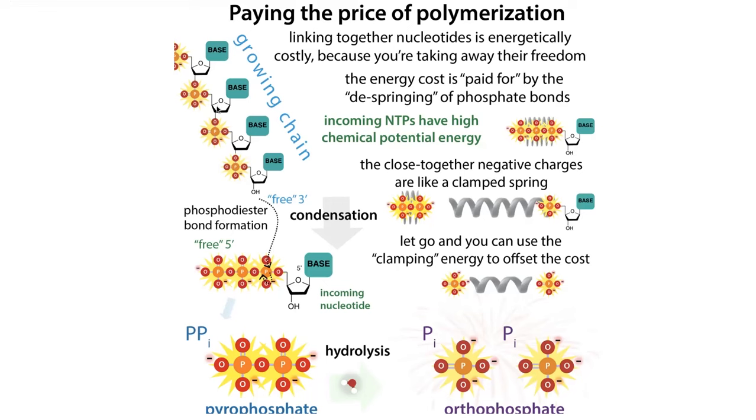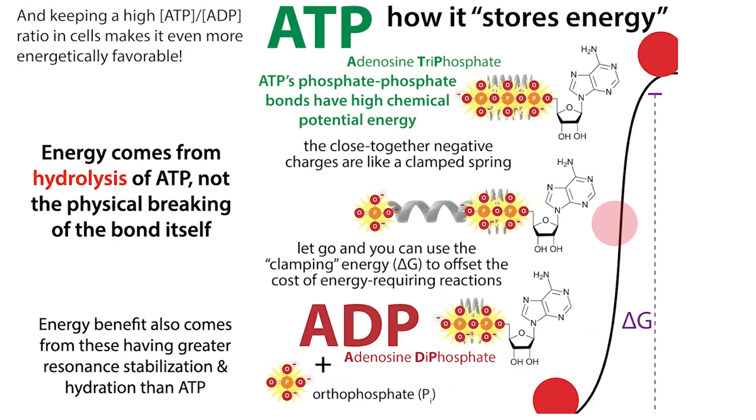This phosphodiester bond is formed when these nucleotides come together in their triphosphate forms, and then the energy from those phosphate bonds is used to join them together. This is how we can pay the cost for reducing the entropy of bringing these nucleotides together.